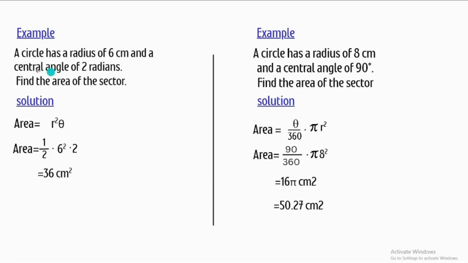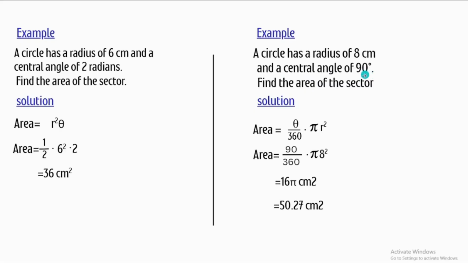Let's take an example. A circle has a radius of 6 centimeters and a central angle of 2 radians. When we use radians, we have plain numbers. It's not common to us. There is no such angle in degrees. In degrees, we have 10, we have 90, we have 40, 45.